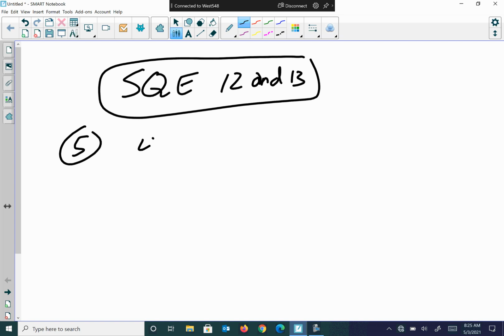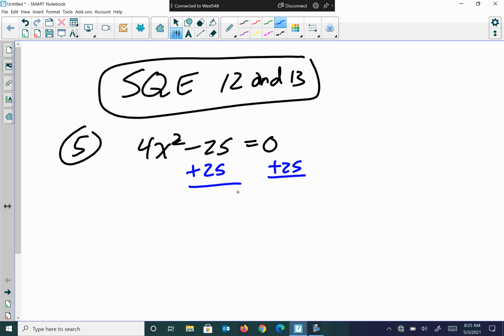Let's see. So I have 4x squared minus 25 equals 0. Is that the one? All right. So we're missing the x term. So I think on this one, what we can do is I'm going to go ahead and add 25 to both sides. That's going to give me 4x squared is equal to 25. Divide each side by 4. So those cancel.